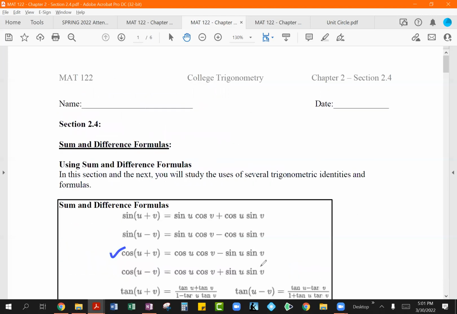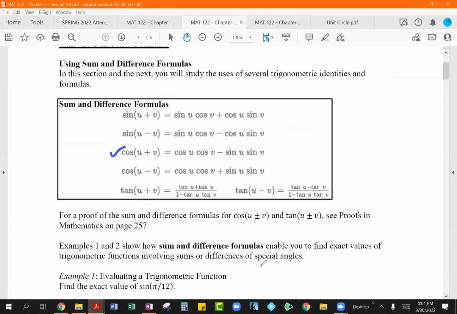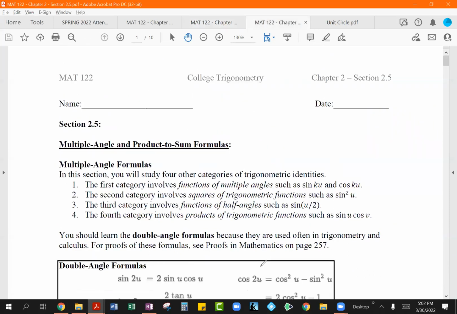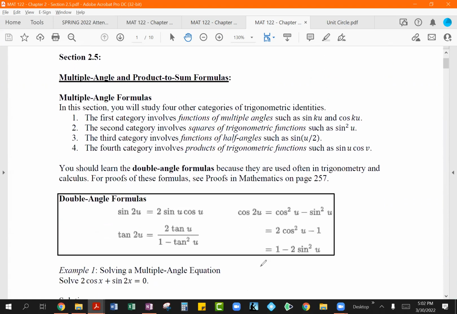So the biggest thing you are working on here is these sum and difference formulas and different ways of using them. Now, when you get into the next section, we're actually bringing in a lot of different formulas in here, but the idea is still going to be the same. You either use them to solve or you use them to verify an identity, kind of like we did in 2.4.